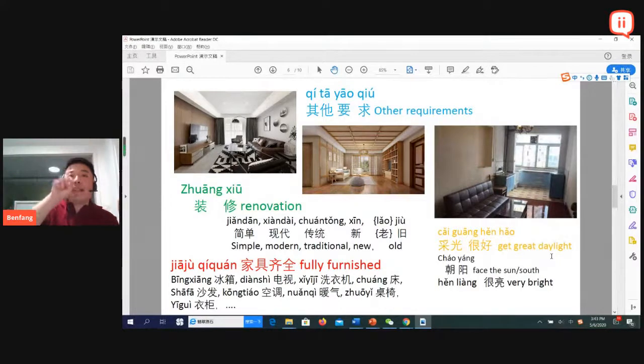采 means to get, 光 is light, 阳光 sunshine. 采光很好 means the room has very good daylight. 采光很好的房子他们常常朝阳, facing the sun, facing the south direction. 因为房子是朝阳的，所以房子里边很亮, very bright. Since the room is facing the sun, in the room it's very bright.